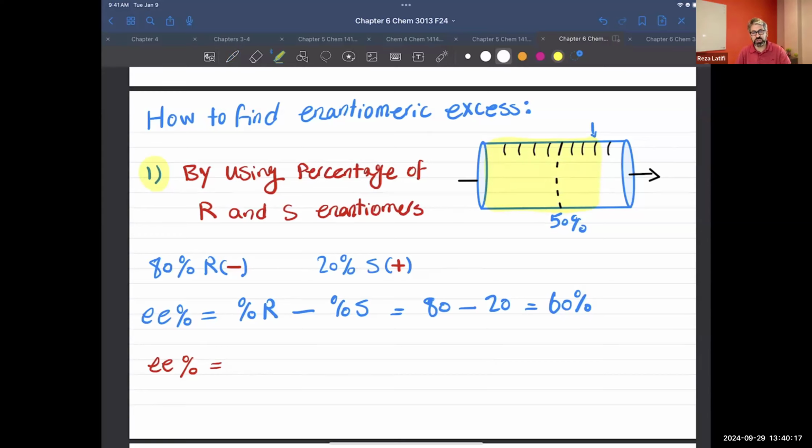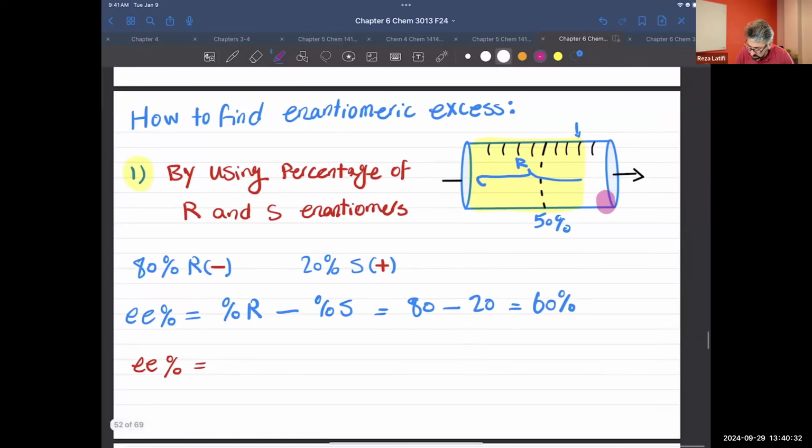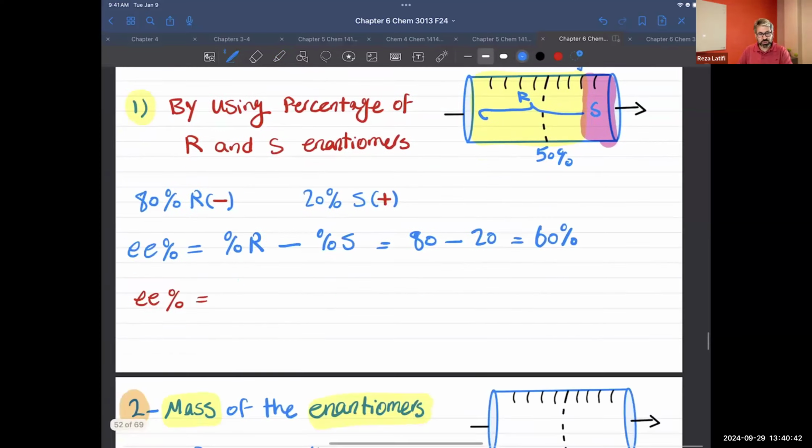Okay, I have 80% from R. So that's going to be this one from here to there. This is going to be R, and we have 80%. And the second one, that's going to be the S. So we have S there.